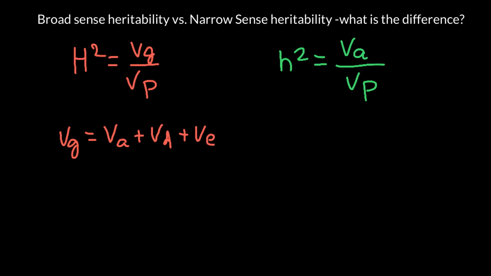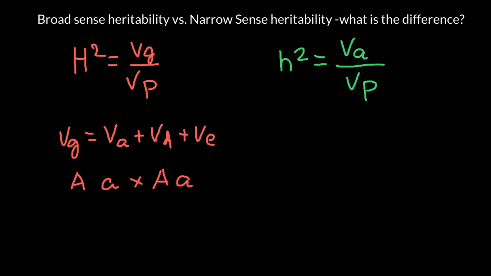So what is variance additive? Imagine that we have one locus with one gene and two alleles, dominant allele A and recessive allele a. And let's say we cross two heterozygous genotypes, that is going to be heterozygous for this particular gene.